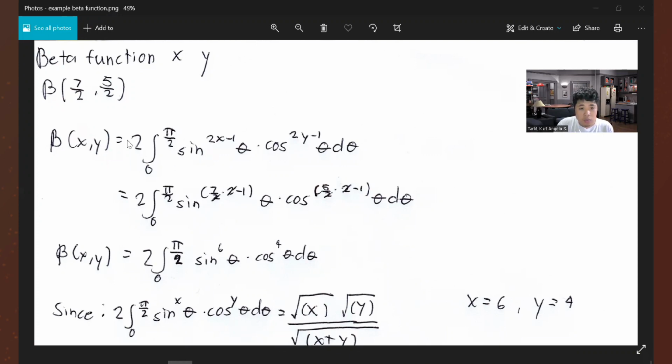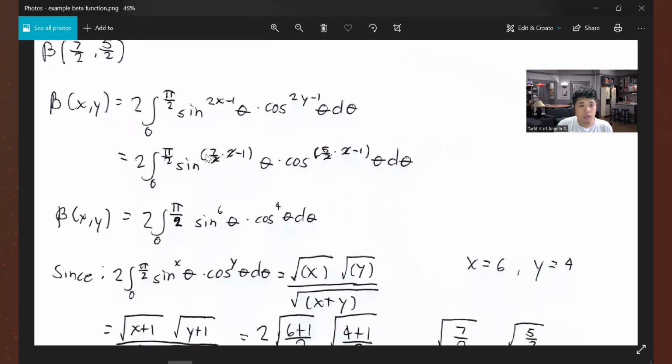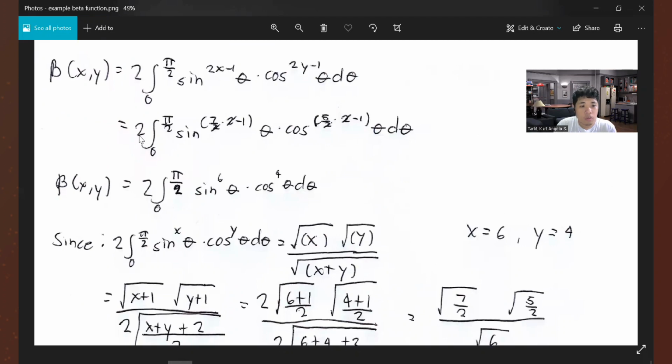So we will now substitute the values into this formula, which is equal to 2 integral from 0 to pi over 2 of sine to the 7 over 2 times 2 minus 1 theta times cosine to the 5 over 2 times 2 minus 1 theta d theta.